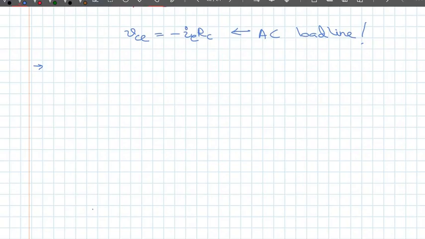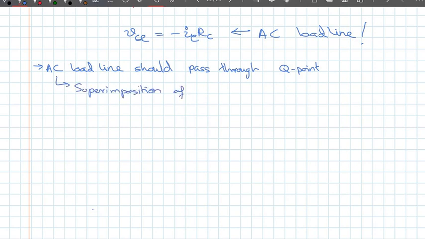The AC load line should pass through the Q point also. This is the superimposition of AC plus DC components in the circuit. So the load circuit has two components, an AC part and a DC part, and the AC load line represents both.